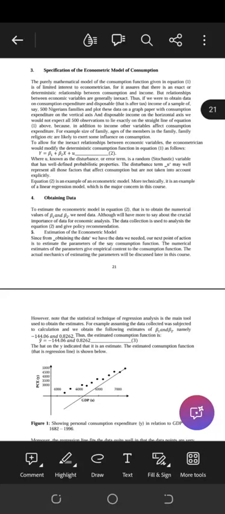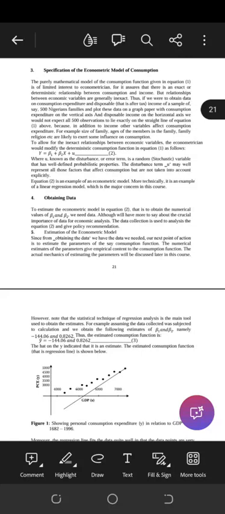The purely mathematical model of the consumption function given in equation 1 is of limited interest to the econometrician, for it assumes that there is an exact or deterministic relationship between consumption and income. When we did national income in macro, consumption is a function of income, c is a function of y.